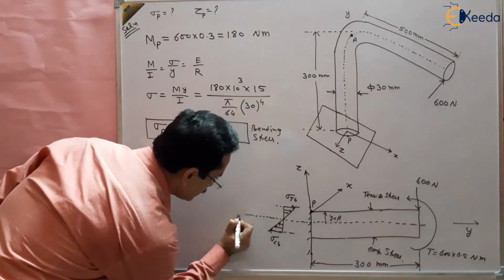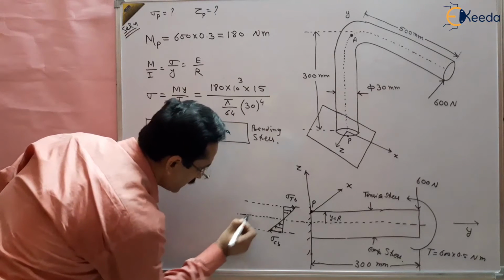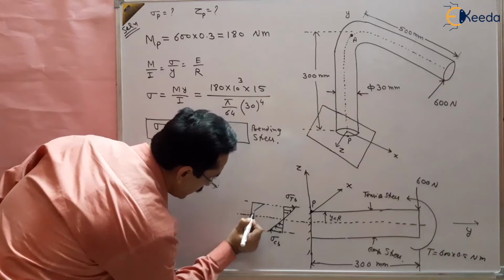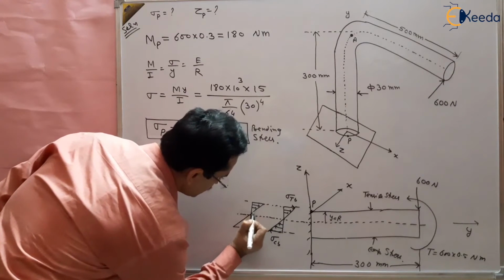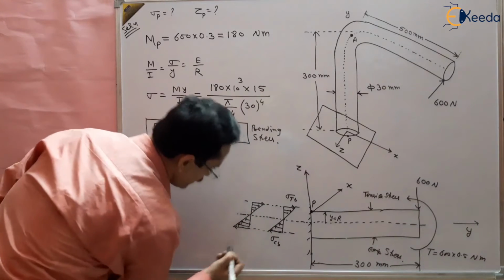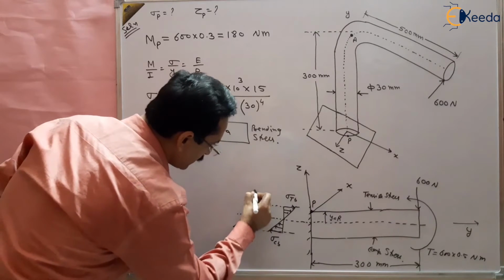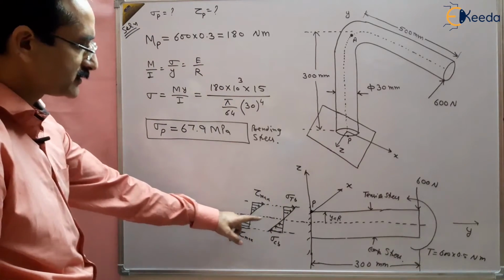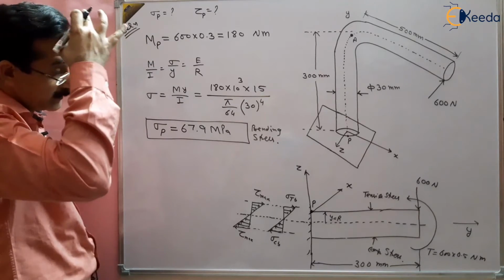The variation of shear stress is again similar to the bending stress like this. This is tau, and at the outer fiber this will be tau max. Maximum shear stress will be developed at the outer fiber and zero shear stress at the central point, where the neutral axis is, right?